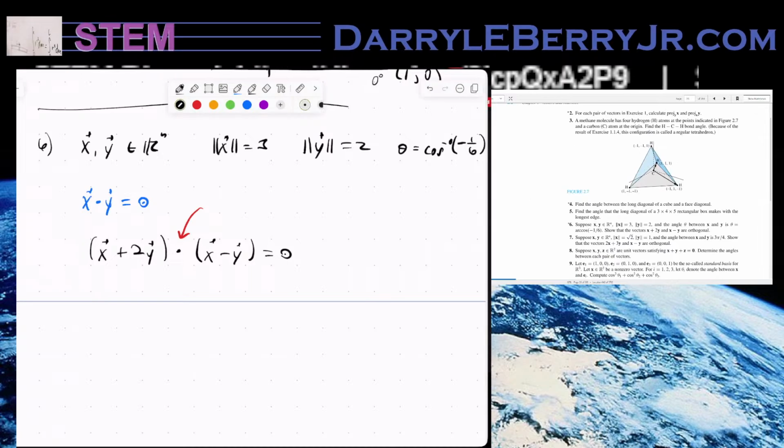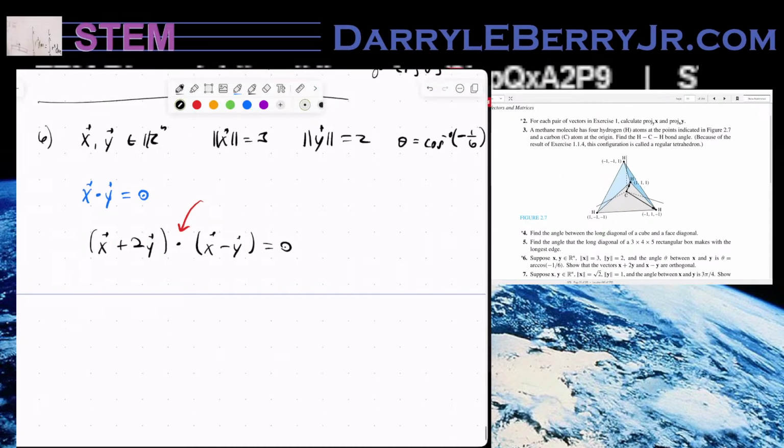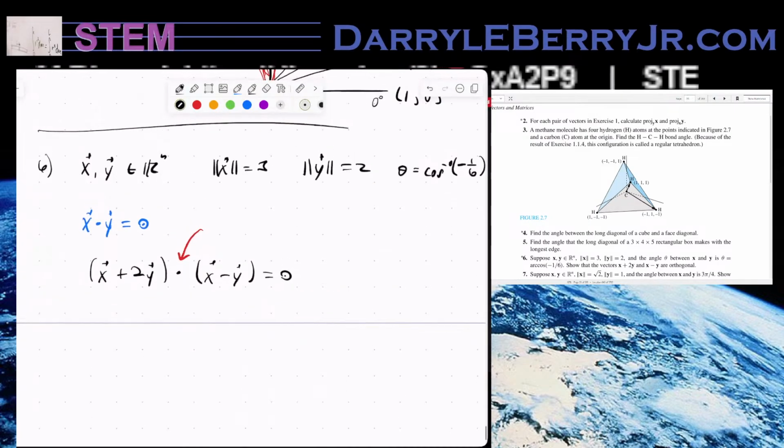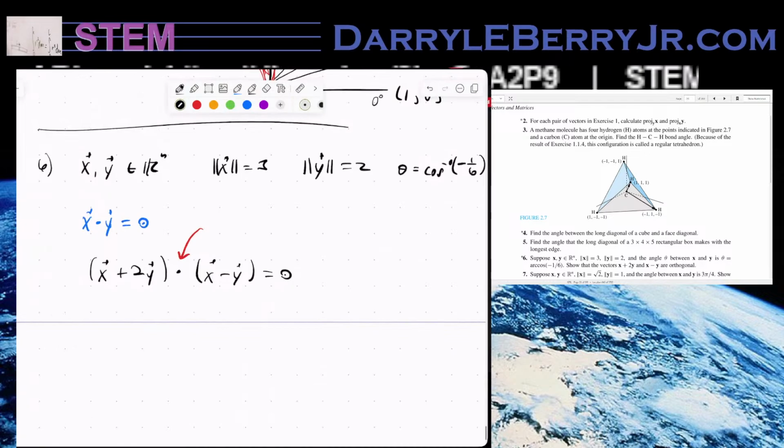There we go. So I'm showing these two are orthogonal, so the dot product between these is 0. Let's see what else we can do.